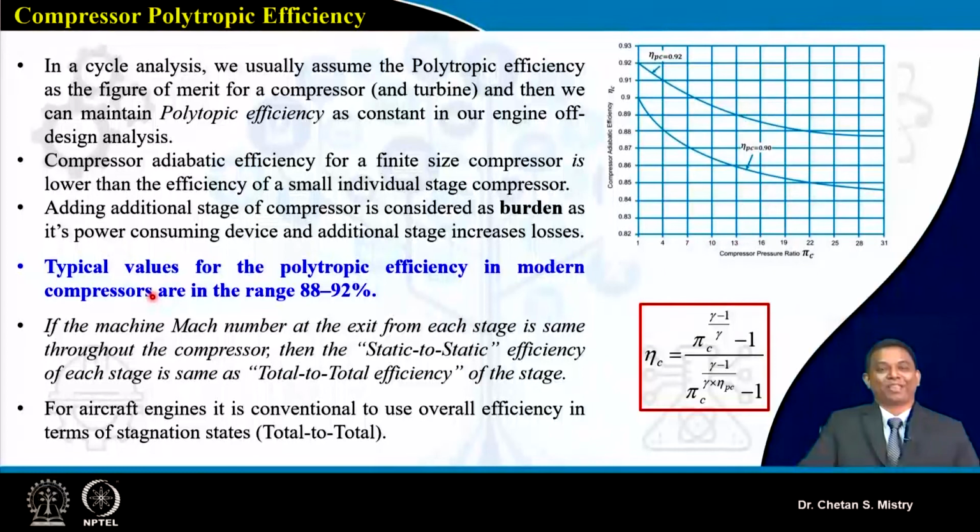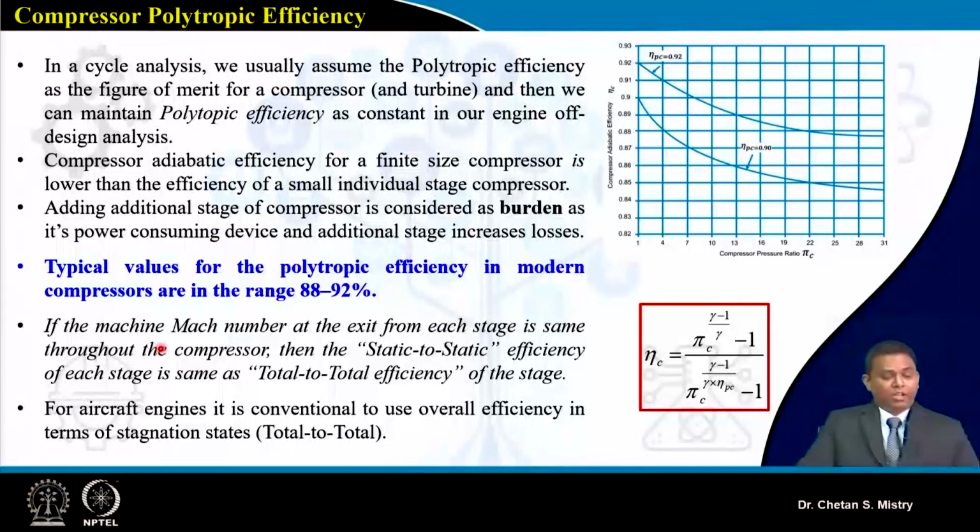It says the typical value of polytropic efficiency as of today for modern compressors ranges from 88% to 92%. You can understand that when we say 92%, it's a big number. We are reaching our extreme now.